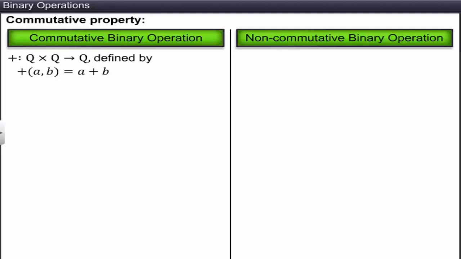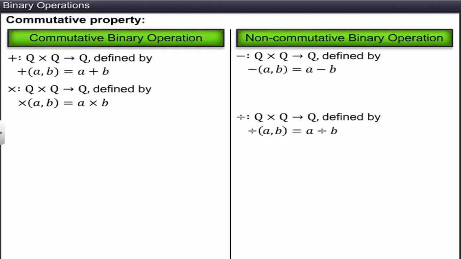Similarly, the operation multiplication from Q cross Q to Q is also a commutative binary operation, since A into B is equal to B into A. However, subtraction and division are not commutative binary operations, as A minus B may not be equal to B minus A. And similarly, A upon B may not be equal to B upon A. For example, 1 upon 2 minus 2 upon 3 is not equal to 2 upon 3 minus 1 upon 2.